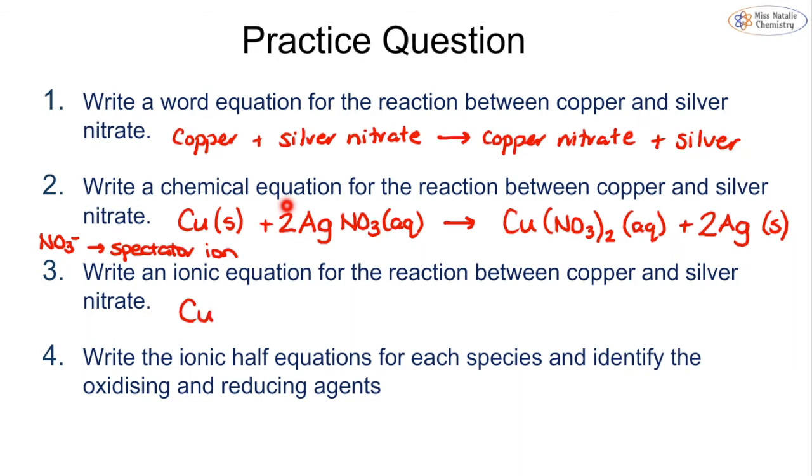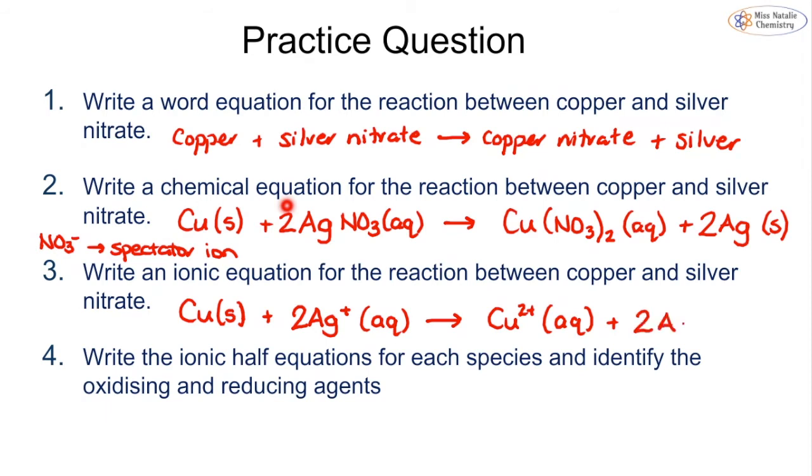So we're going to have copper metal reacting with 2 silver ions, giving us copper 2+ ions and 2 silver atoms. That is our overall ionic equation for this reaction.